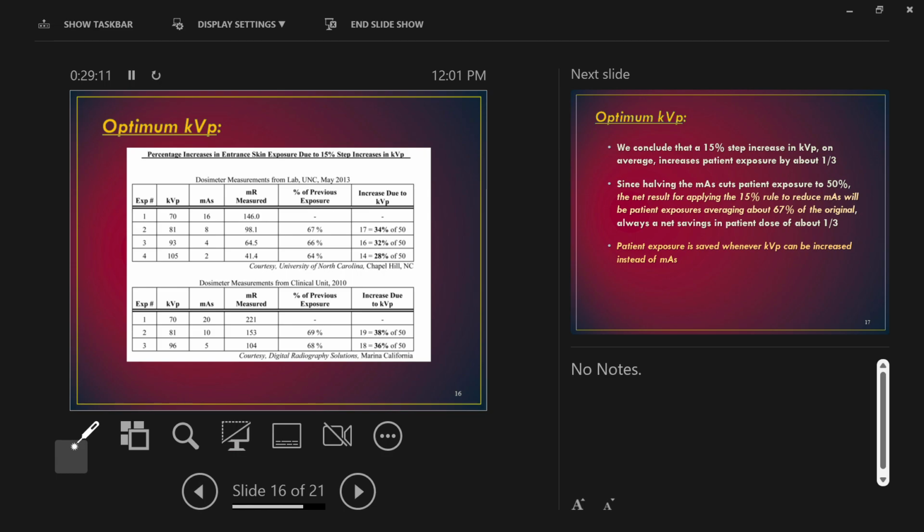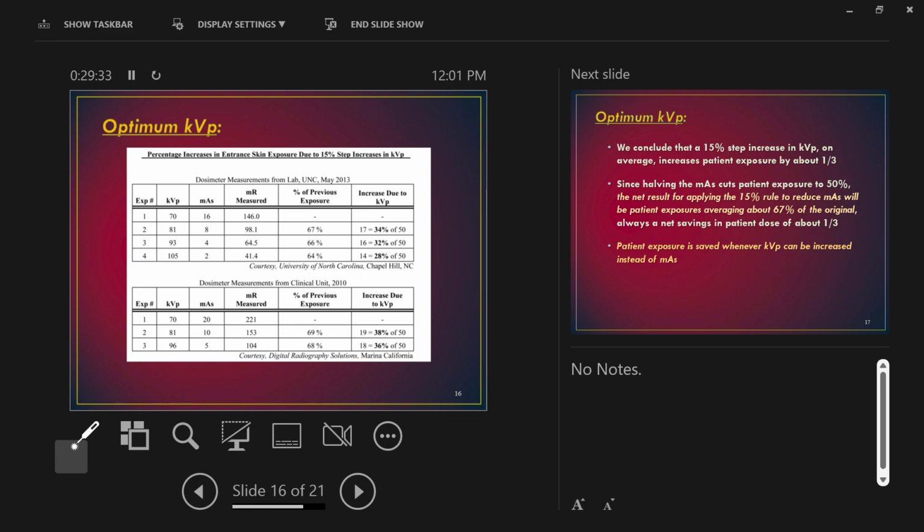Half, exactly half, right? So one change, the 15% kV increase from 70 to 81, doubled receptor exposure, and then they compensated for that by cutting the mAs in half, cutting the receptor exposure in half. So this one, right here, had the same receptor exposure as the first one. 1 and 2 have identical receptor exposures, okay?